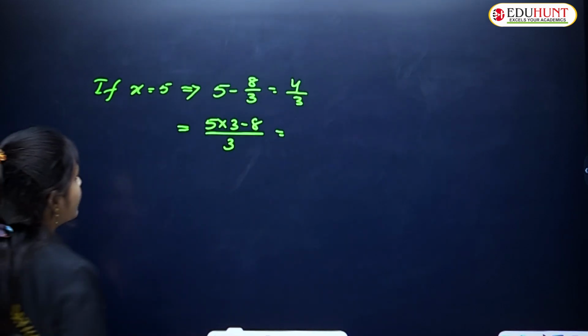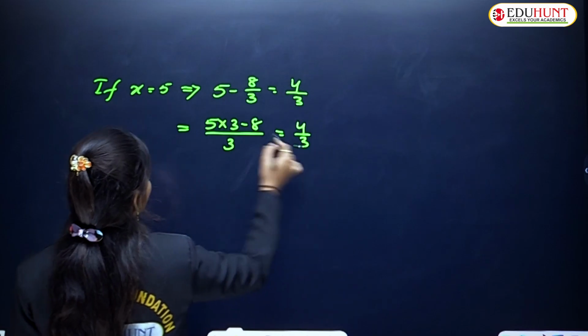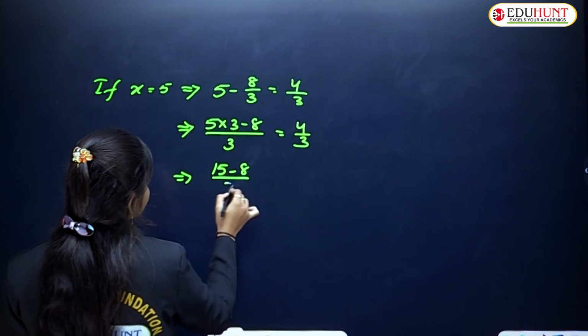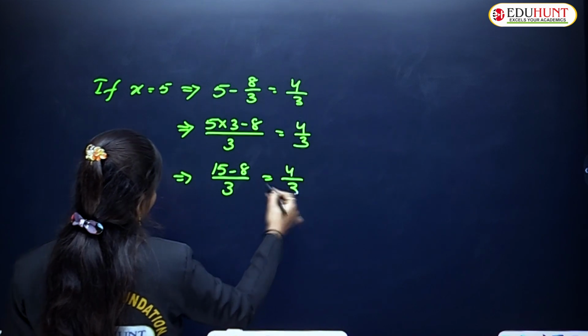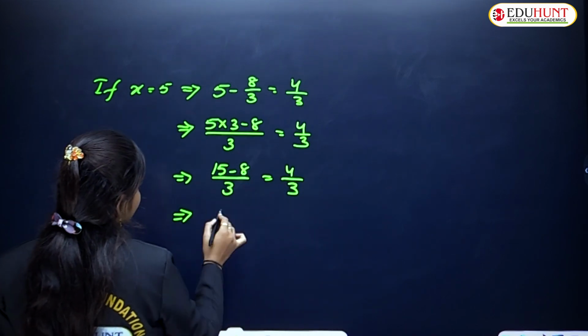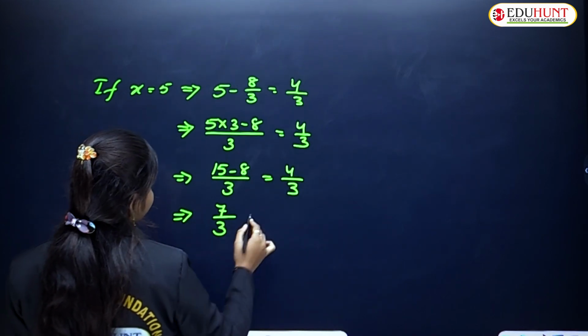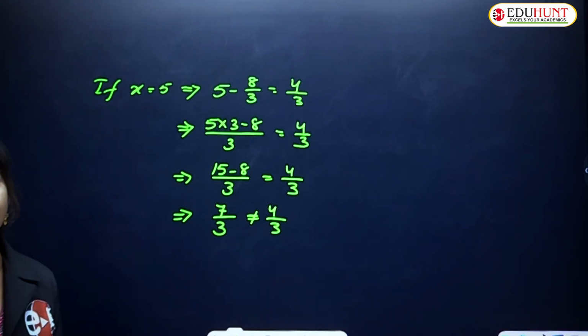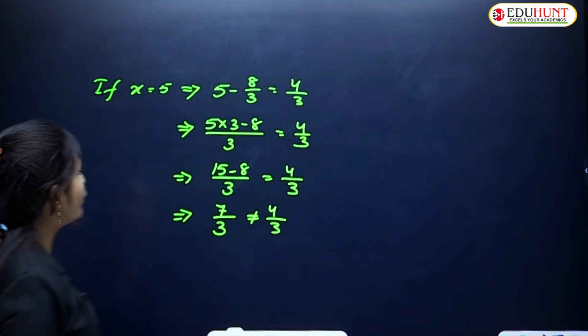Okay, we know that condition, right? Yes, which equals 4 by 3. And here 5 threes are 15 minus 8 by 3, which equals 4 by 3. 15 minus 8 is 7 by 3. 7 by 3 not equals 4 by 3.